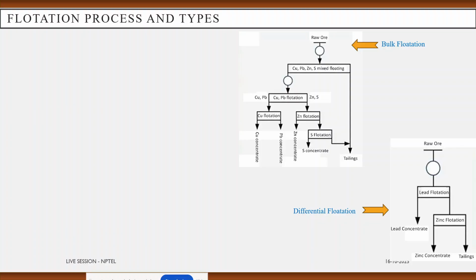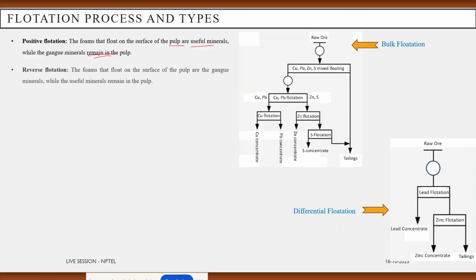So now we are going to discuss the flotation process and types. The first one is positive flotation. Positive flotation means the foam that is floating onto the surface of the pulp contains useful minerals, while the gangue material or undesired material remains in the pulp.